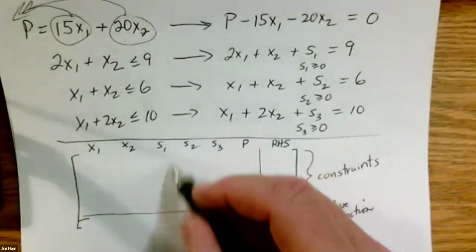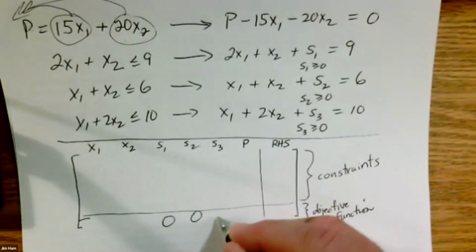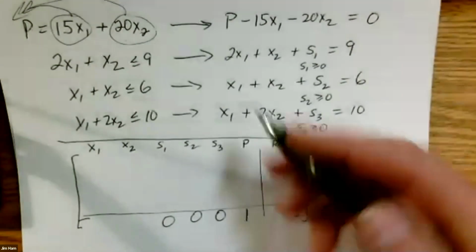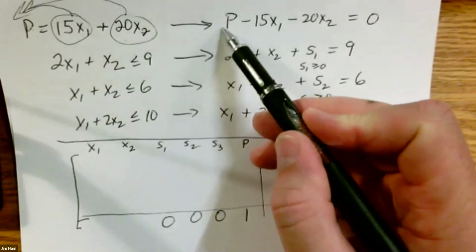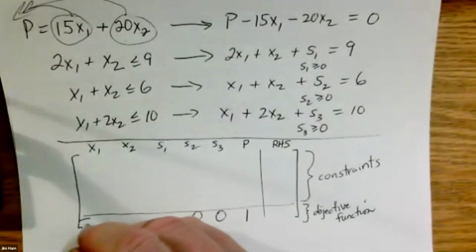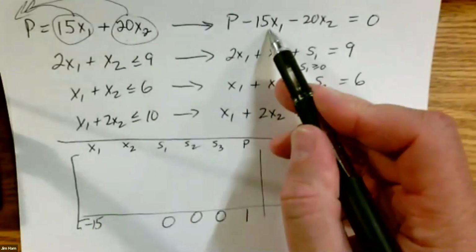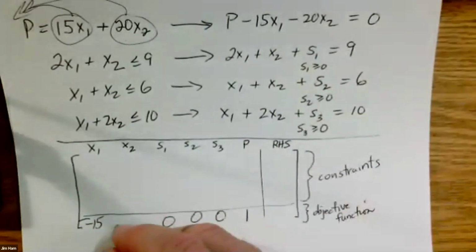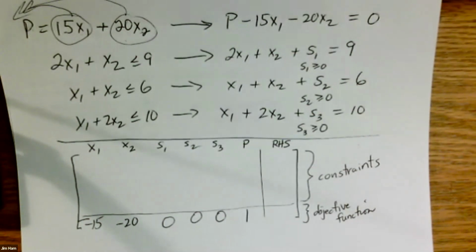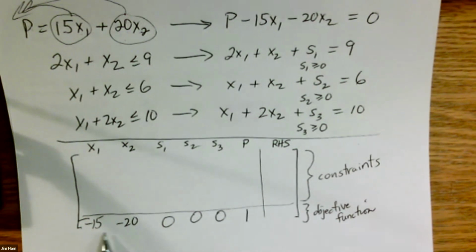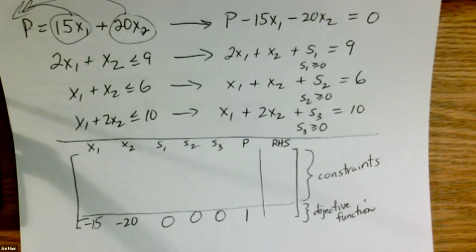So the s1, s2, and the s3 all take on zeros. This is p, which means it's 1p. And then we've got negative 15x1 and negative 20x2. Notice that there are negatives in the bottom row, so we have not found the maximum. Makes sense. We're just starting off with the problem.